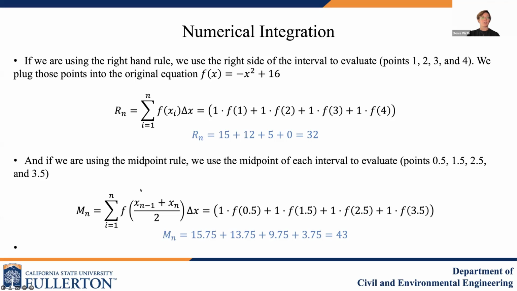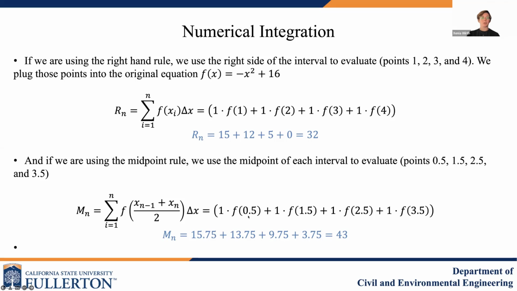So we would have the value of x at the 0th position, which would be 0, and the value of x at the x1 position, which would be 1. That would be 0 plus 1 over 2, which is 1 divided by 2, which means the x value is actually 1/2. So I plug in 1/2 here.